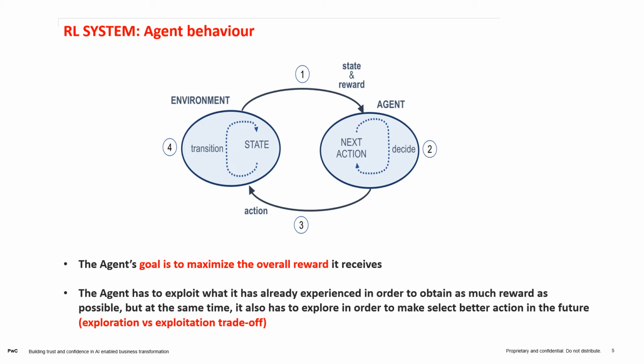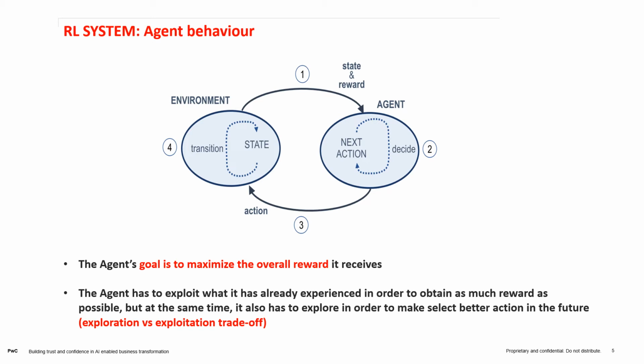What do we mean by that? Either the agent can exploit what it has already experienced, or it can explore first and then select an action that doesn't have the best immediate outcome, but will have a better longer-term outcome. So this exploration versus exploitation trade-off is a very key part of an RL algorithm.